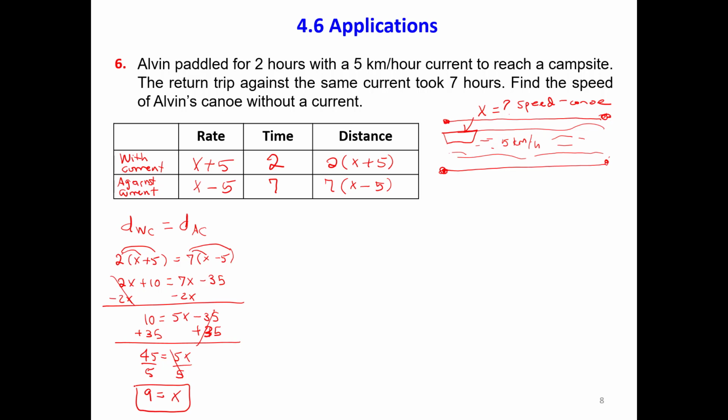Now we know x is the speed of the canoe without current. Then the answer is the speed of the canoe without current is 9 kilometers per hour.